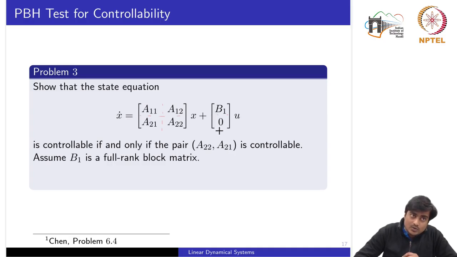So here we are concerned only with the controllability of this pair, meaning to say that the same formula we can use by using A as A22 and B as A21. Okay. So we need to show that whatever the controllability matrix we would form using this pair, it should be a full rank.